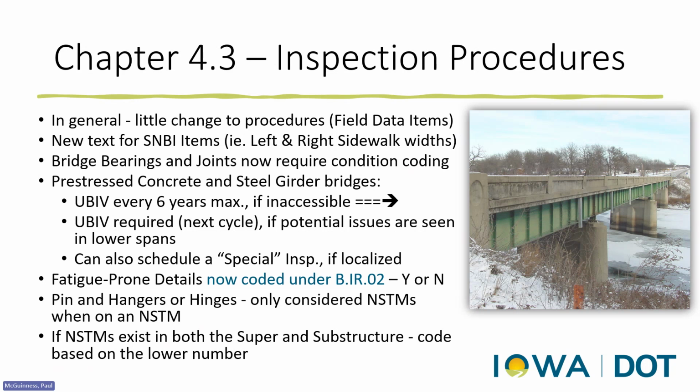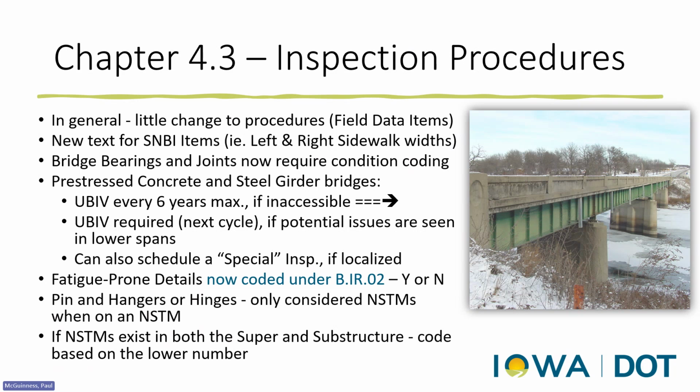The other thing is you can see now SNBI and NBIS want to know if the bridge has fatigue prone details, but the manual will clarify that we're talking about E and E prime only and not the lower fatigue prone details that exist, such as D and C. Pin and hangers. Some people think of those as, within itself, an assembly may only have 2 hangers, and that's not redundant.